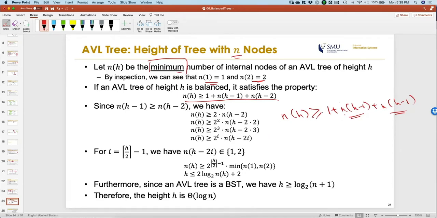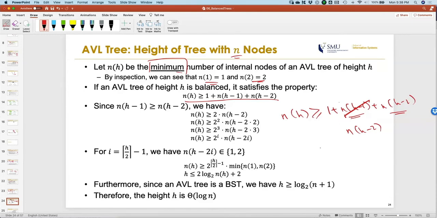So since I'm bounding this, I can say that if that is the case, then I can use a smaller value: instead of nh minus 1, I'm going to use nh minus 2, which is smaller, and I'm still going to meet this inequality, right? Because I'm moving the lower bound lower, this inequality should still hold.